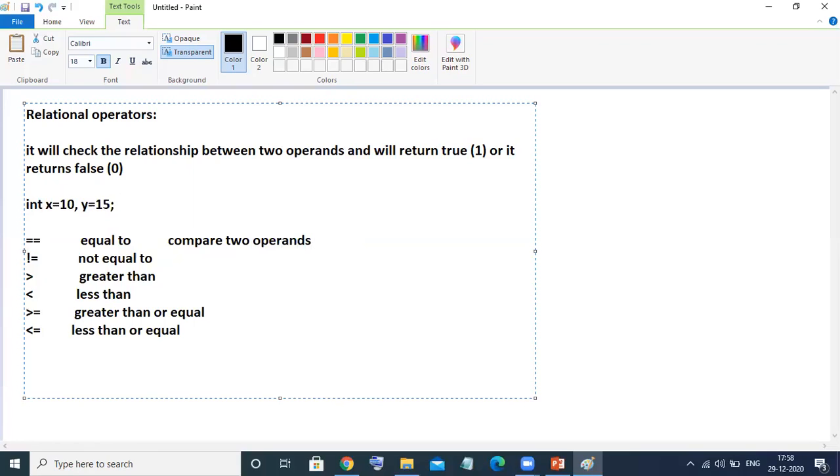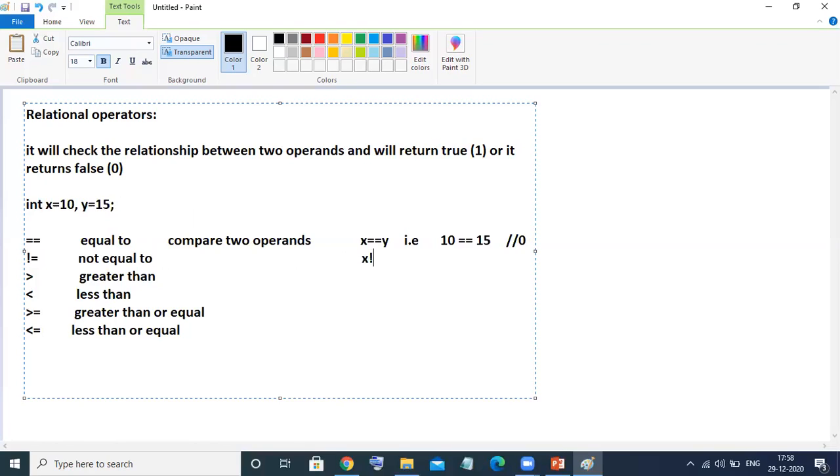Here you can directly write, is x equal to y? That means, what is the value of x? Is 10 equal to 15? No. Then in that case, it will return the value 0.